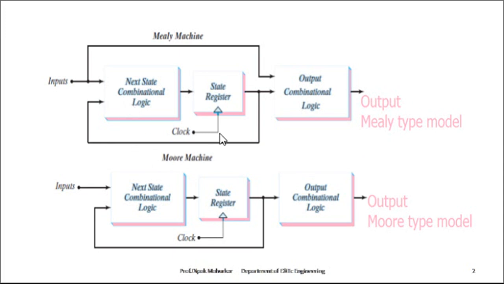Then the output decoder, combinational circuit 2, gets input from the external input and also from the output of the memory elements.